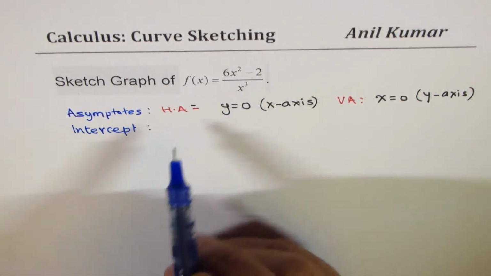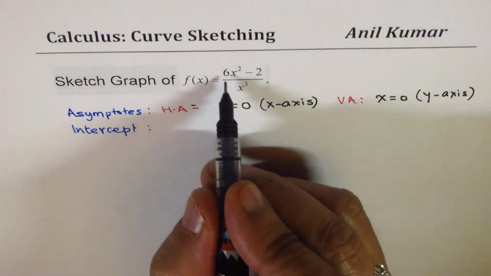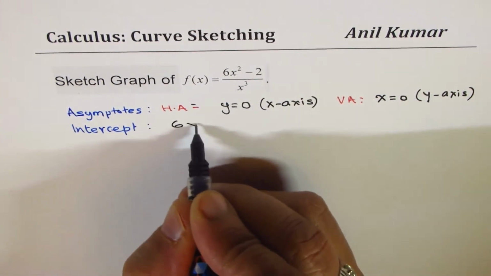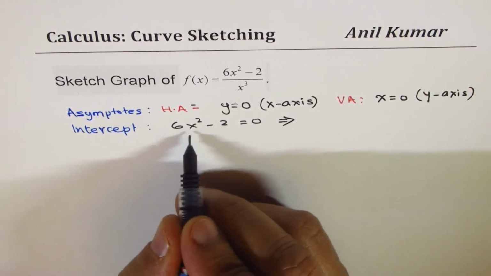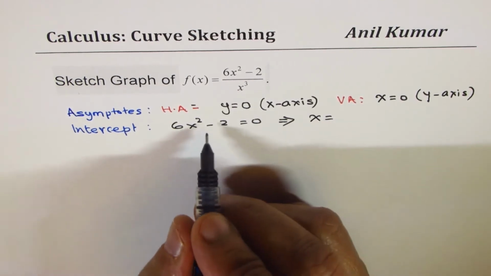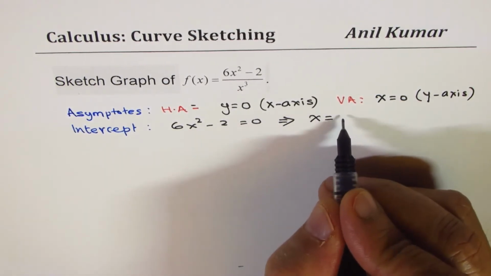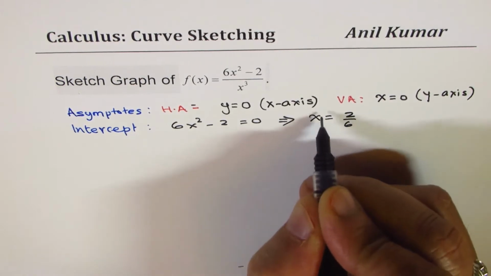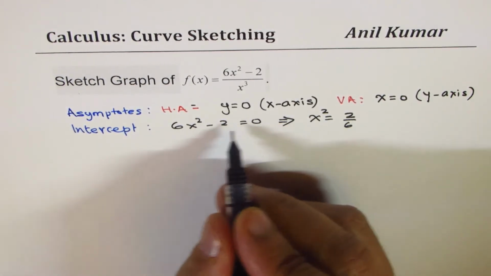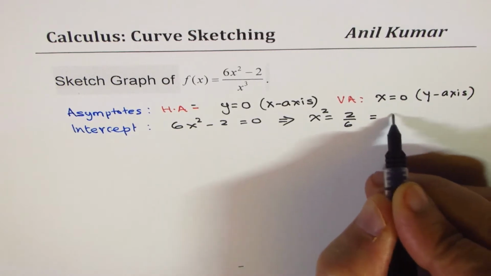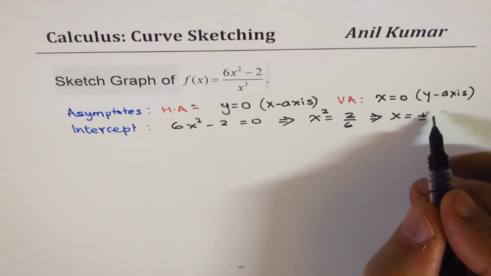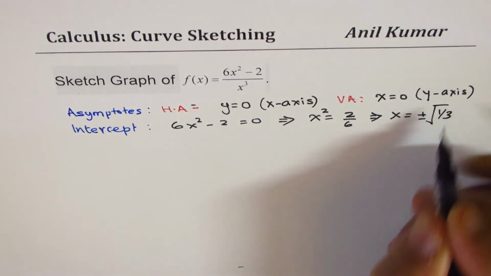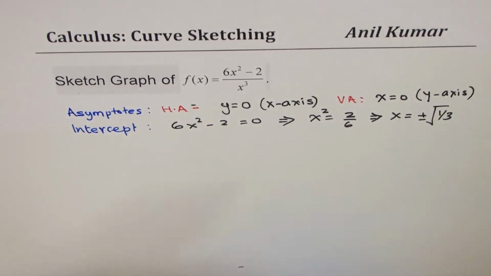To find the x-intercept, we can equate the numerator to 0, which is 6x² − 2 = 0, and that gives you x² = 2/6. Bringing 2 over and dividing by 6, this implies that x = ±√(1/3). So that becomes the x-intercept for the given function.